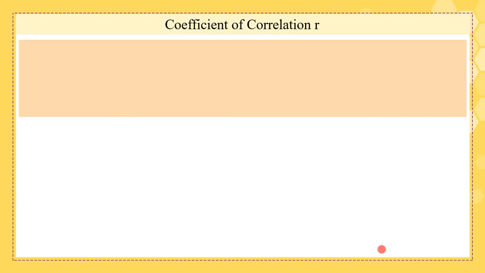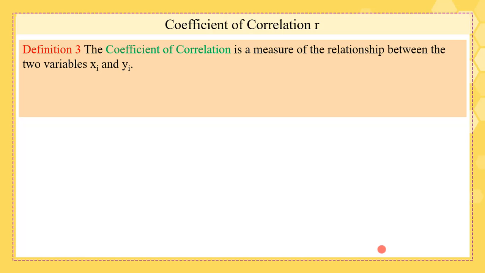Let's define the coefficient of correlation R. The coefficient of correlation R is a measure of the relationship between the two variables xi and yi. This number gives us a sense about the relationship between these two variables.